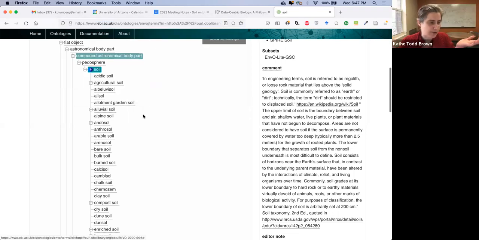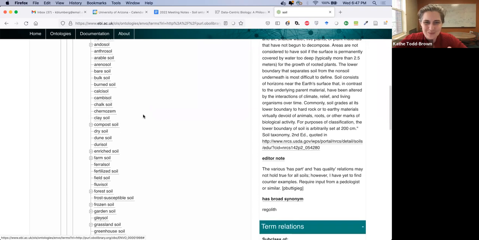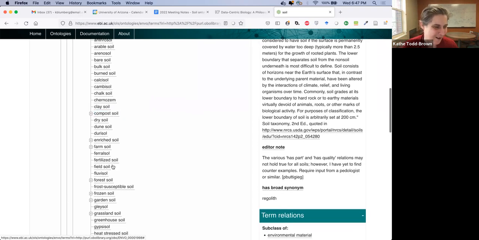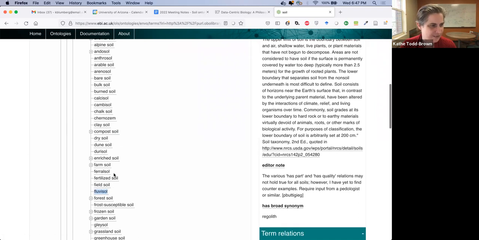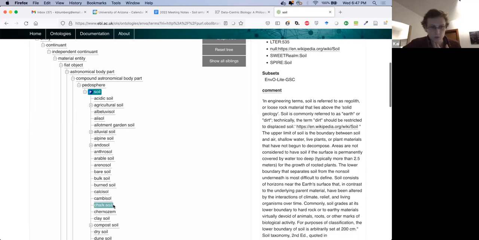Bare soil and bulk soil are on the same level here from a hierarchical perspective, and it seems quite odd, I guess. Well, okay, fair enough. The original use case for this was most likely the MIxS genomic data. We might have had a metagenome which came from some sort of chalk soil or clay soil, and that's why people requested that term.